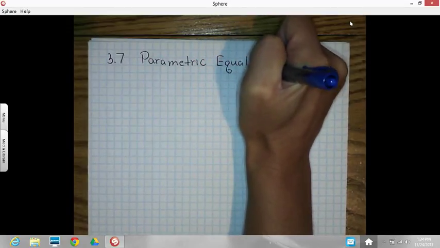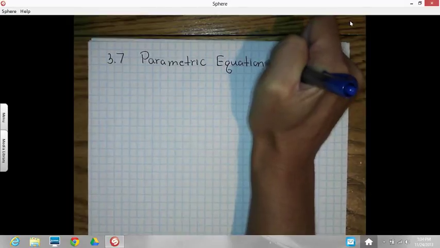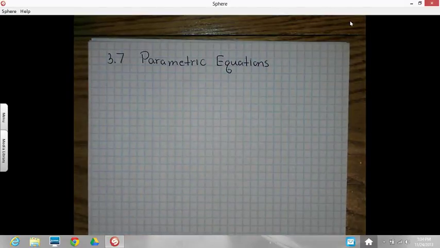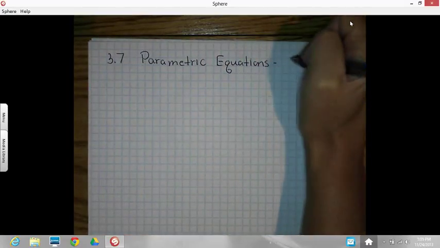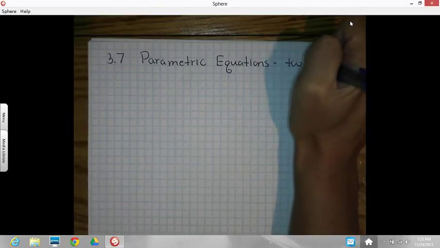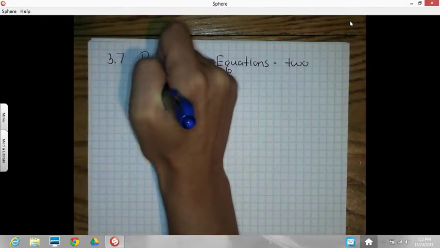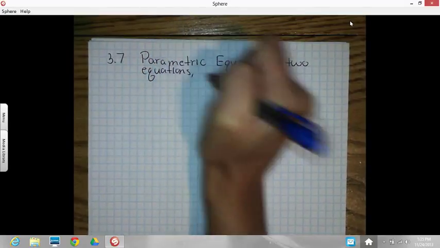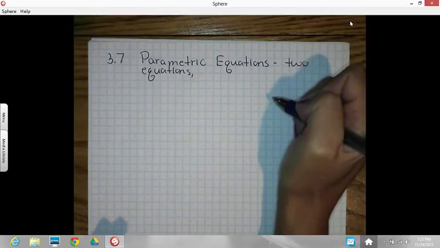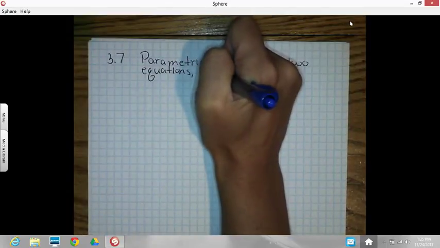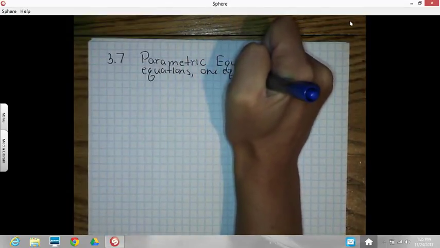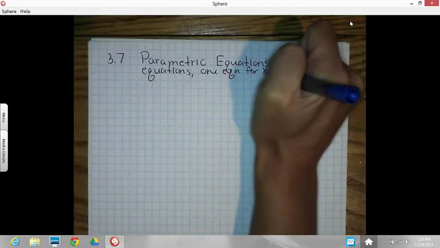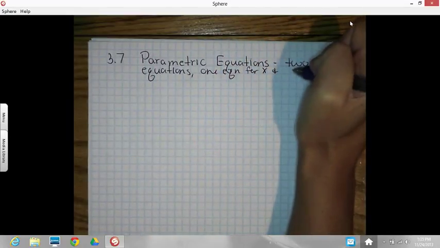Well, first of all, it's a pair of equations that work together. So they're parametric equations. They are two separate equations. You have one equation that will define your x, and a separate equation that will define your y.